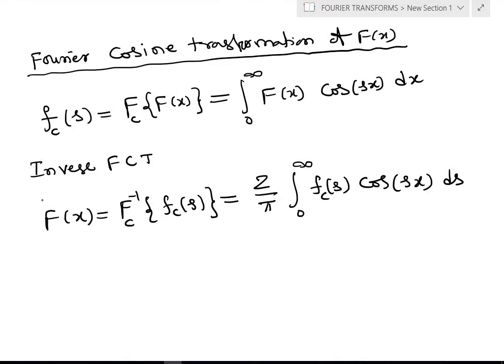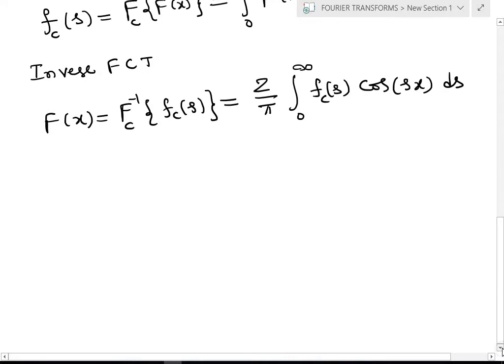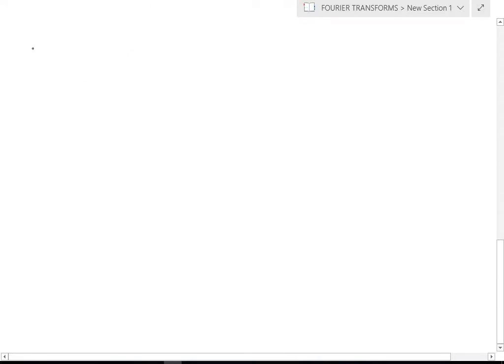Whatever example we take here depends on integration, so you must know the simplification of integrations, otherwise you will face problems. Let us take a simple example. The problem is as follows.